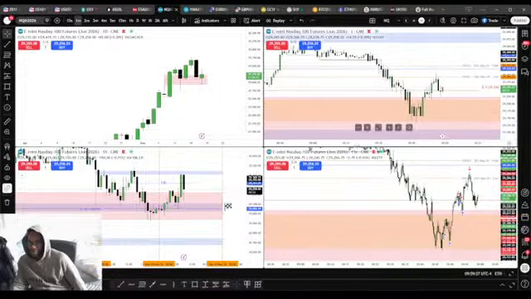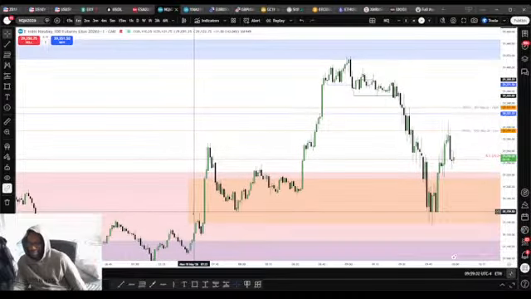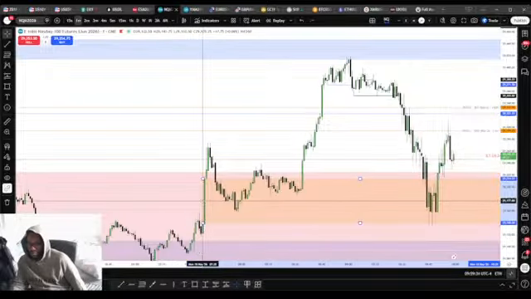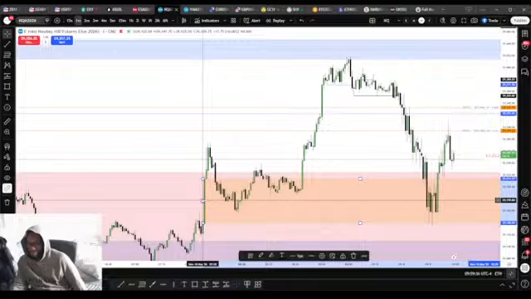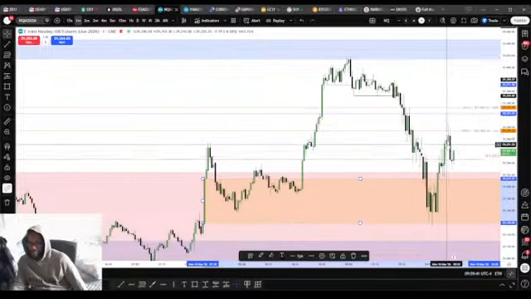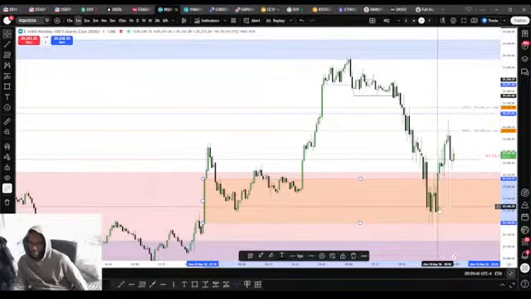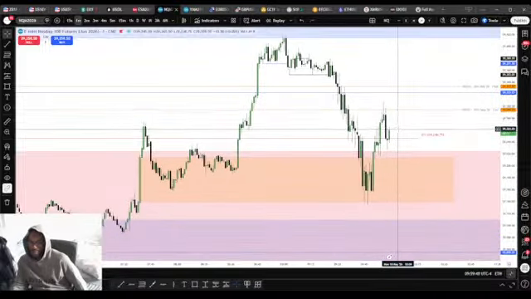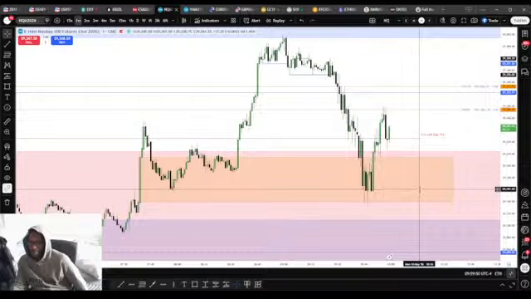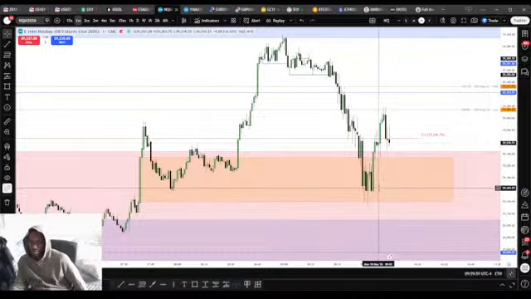What I want to find out is where this... So we took the lows out. Looking at it, we're still bullish unless we take these lows out.